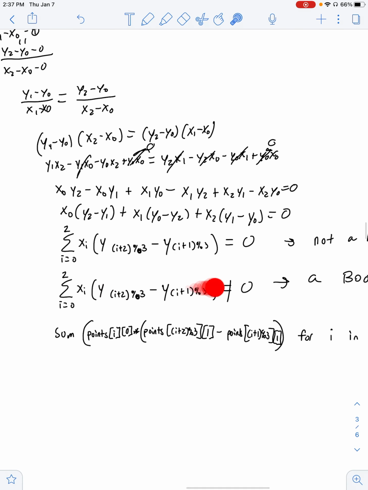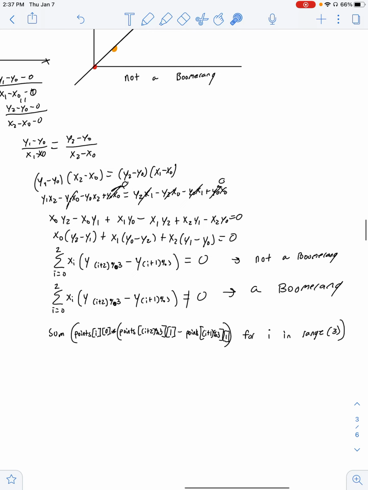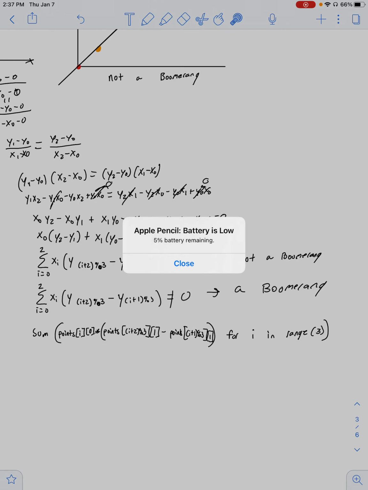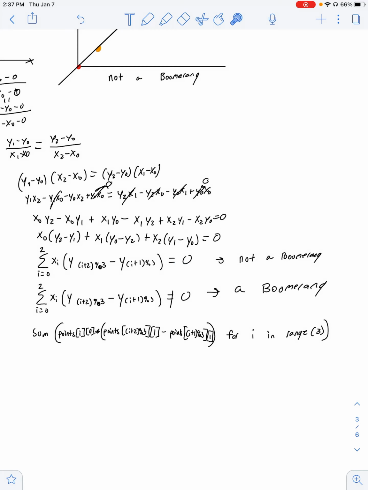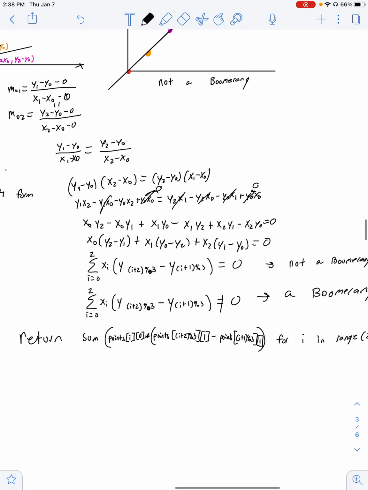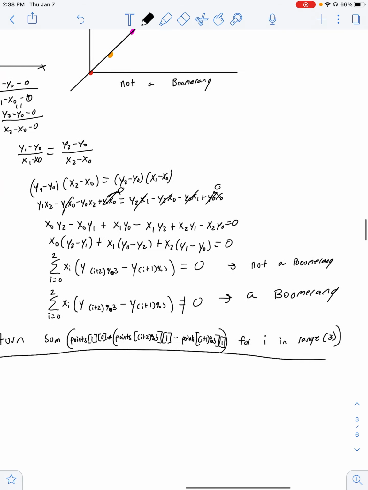Versus when we evaluate the system and it doesn't equal 0, that means the points do not form a straight line, so they are a boomerang. Since they also don't equal 0, Python will evaluate any integer value that doesn't equal 0 as a truth value. So we just return this, and it'll evaluate the solution. This is the solution you would type into LeetCode to get the correct answer.